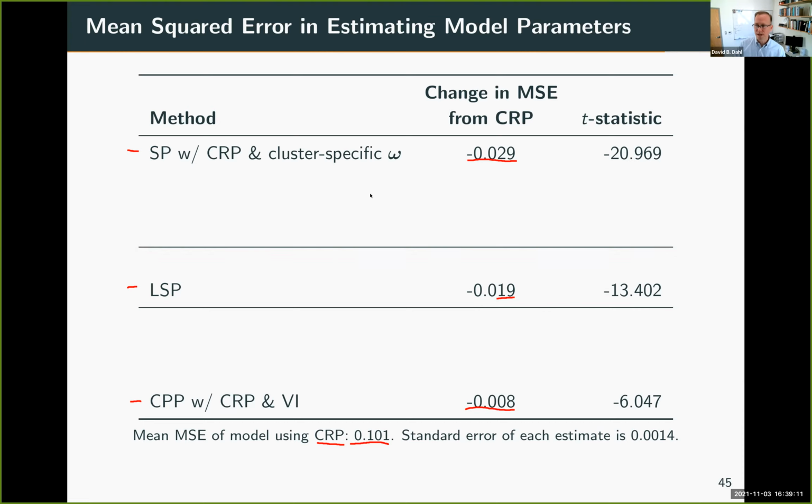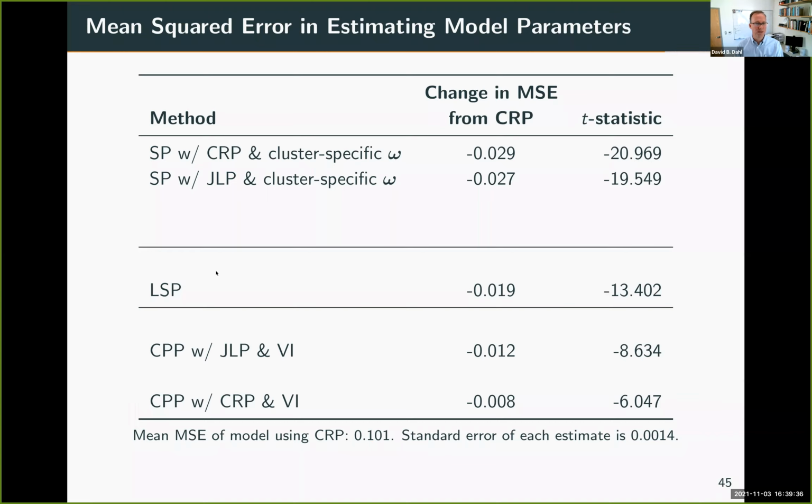Now, there are lots of choices to make in the particular distributions we're using. You might say this is not a fair comparison because the LSP has a built-in baseline distribution, the Jensen-Liu, but for the shrinkage partition and the CPP, we're using the Chinese restaurant process. Well, we could certainly redo our methods using the Jensen-Liu partition distribution as the baseline distribution, and that's a more fair comparison.